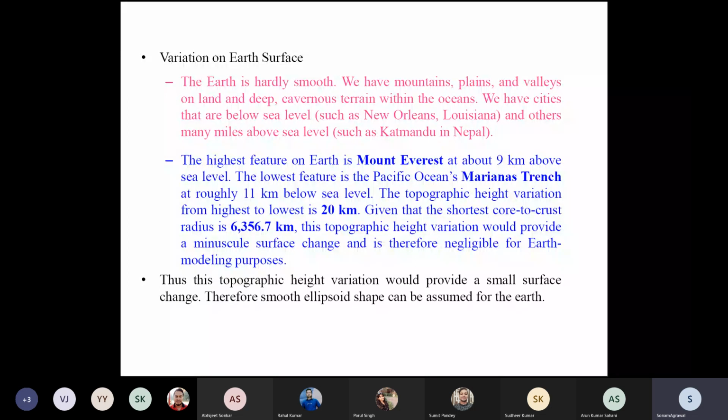But that variation, at most 20 kilometers, is quite small compared to the radius of the Earth. That's why in mathematical modeling we consider this difference negligible, and a smooth ellipsoidal surface is assumed for the Earth.